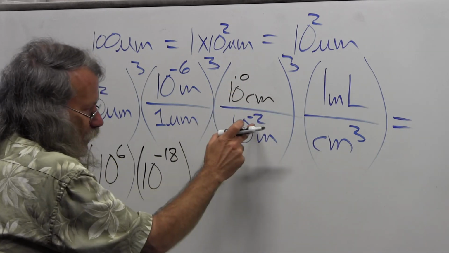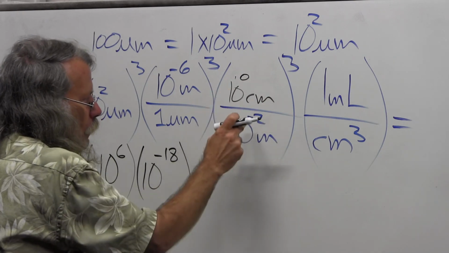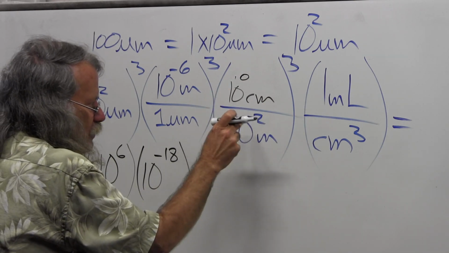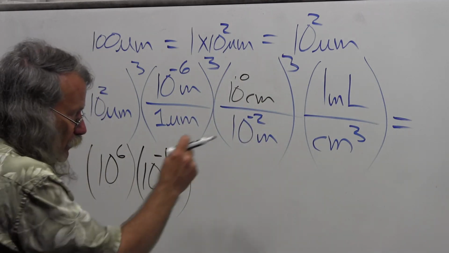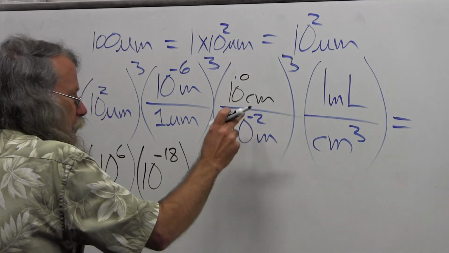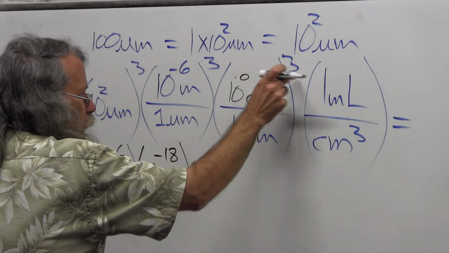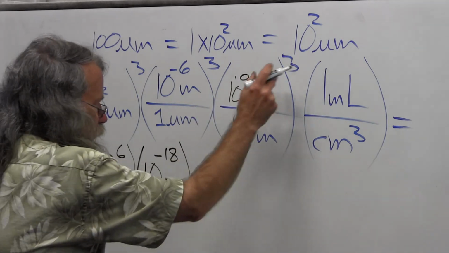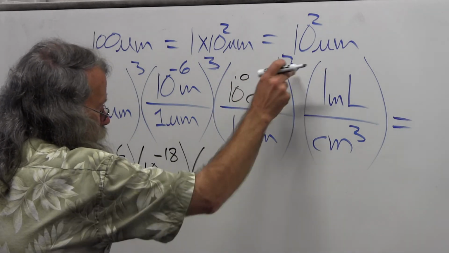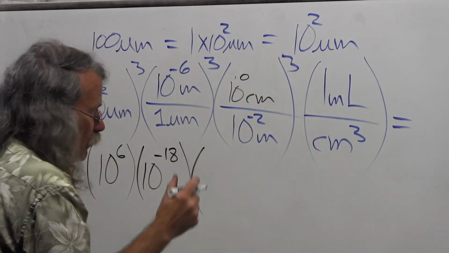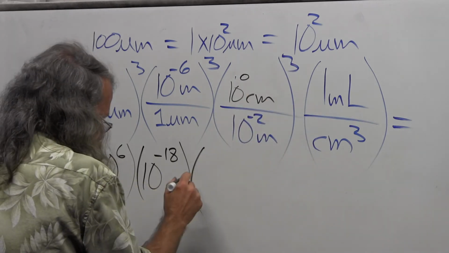I subtract the exponent. So it's 0 minus a minus 2. So this is 10 squared centimeters at the end of the day per meter. And then I multiply that 2 times 3, which is 10 to the 6th. So I can call that 10 to the minus 2 cubed, but the reciprocal of that is 10 to the 6th.